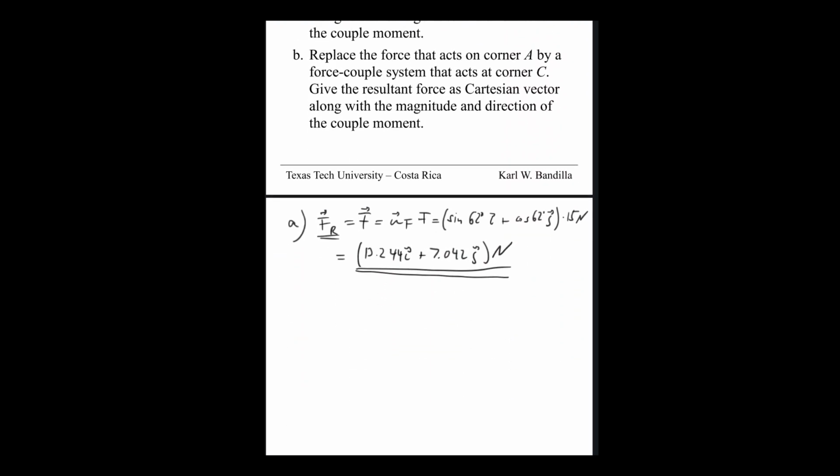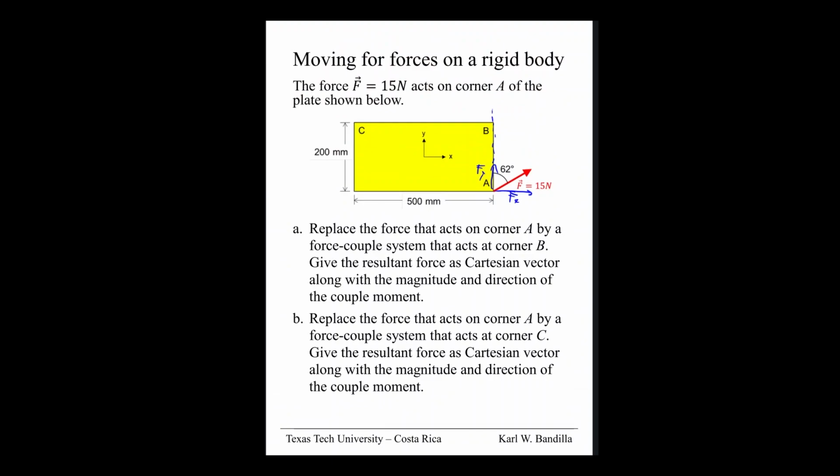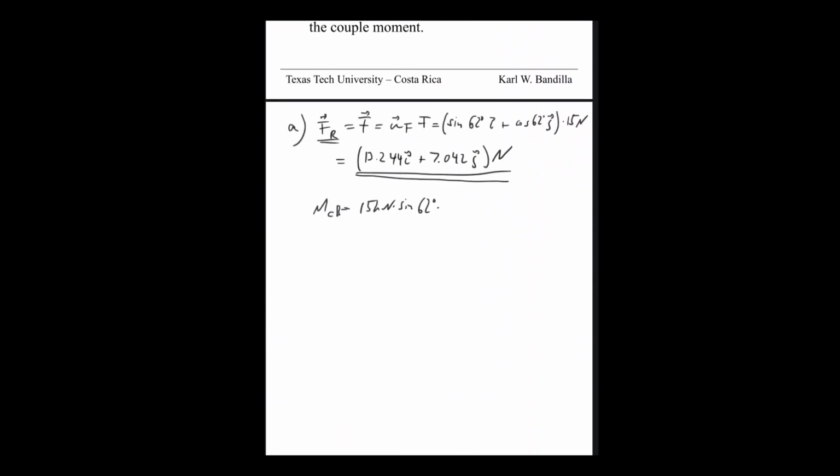So our moment about B is just our Fx, which is 13.244, or if you want to be exact, 15 kilonewton times sine 62 degrees. That way we don't get too many rounding errors. Then our moment arm is this distance here, because my line of action is like this, so it'd be 0.2 meters.